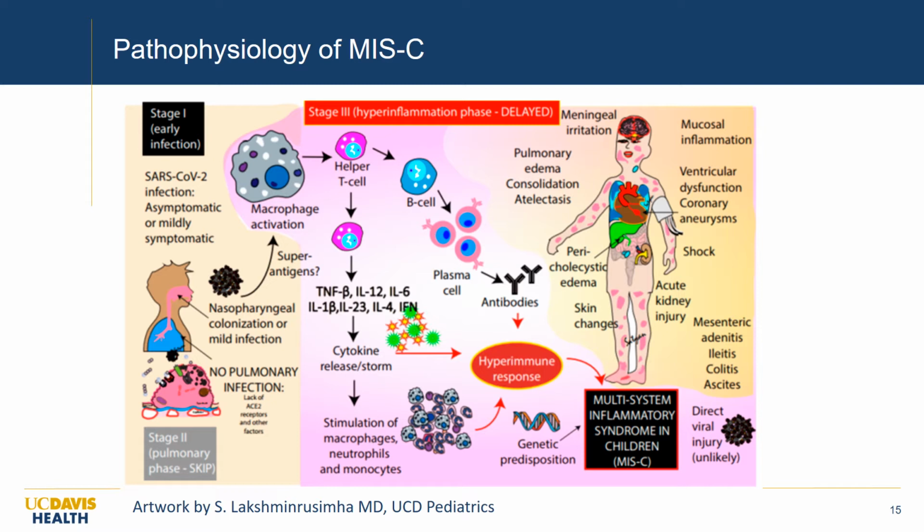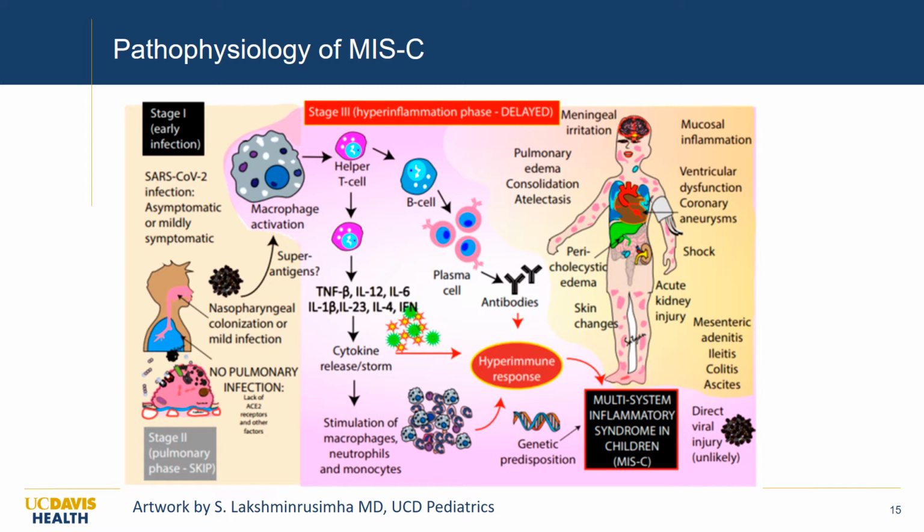And because of that, we end up with a hyperimmune response. And then what we see in the patient is everything that's listed here. So ventricular dysfunction and coronary aneurysms and involvement of multiple other systems, including respiratory, neurologic, hepatic, mucocutaneous, renal, GI. And then that is what we are calling this multisystem inflammatory syndrome in children.